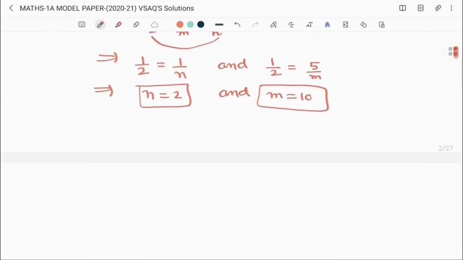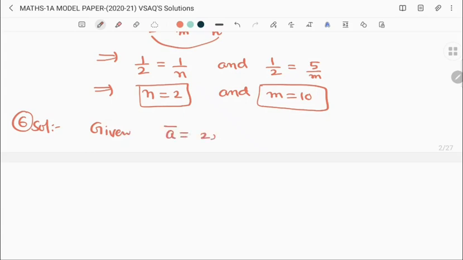So in the question number 6 solution, given a bar equal to 2i plus 3j plus k and b bar is equal to the parallel vector, that we can take as 4i minus 2j plus 3k.